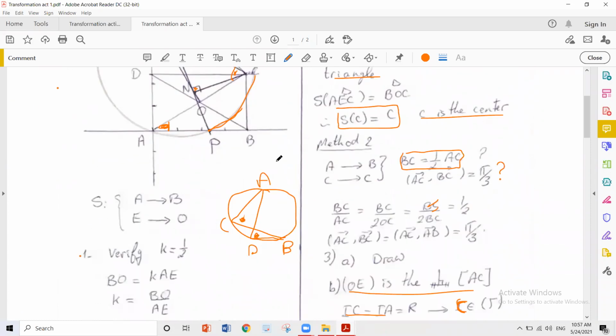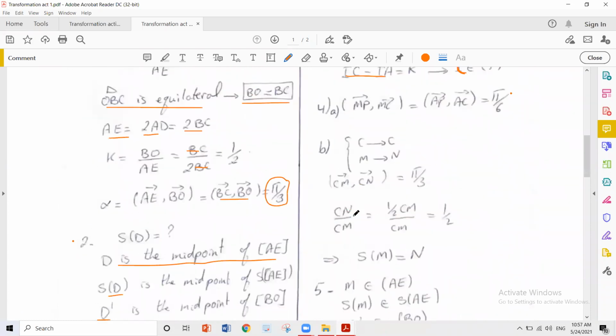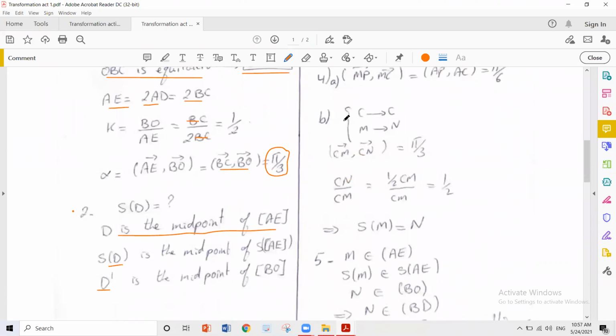So the image of M is N, so S of M equals N. To prove that the image of M is N, I take CM with CN. We have the angle equal to pi over 3, and we have CN equal half CM because it is a semi-equilateral triangle. So S of M equals N.